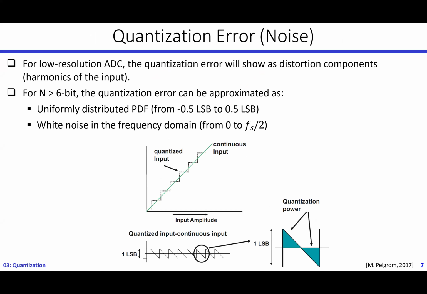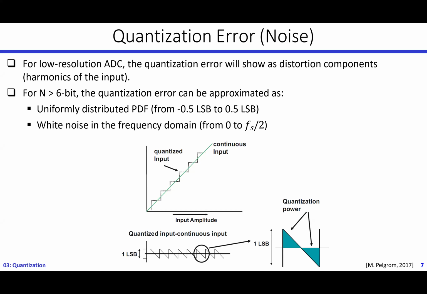Now, if we want to look at the quantization from a mathematical point of view, it's a quantization error, but usually it's known as quantization noise, though noise is basically something we assume to be a random signal, while the error is a deterministic function of the input signal.